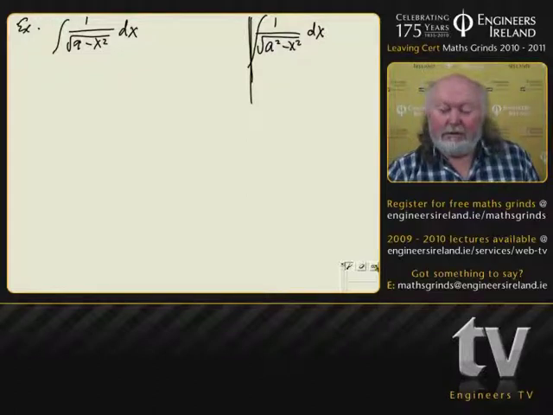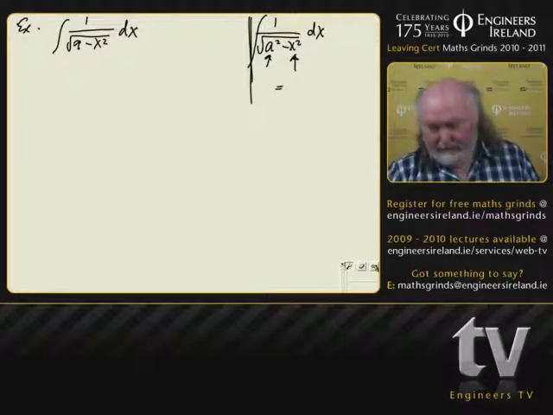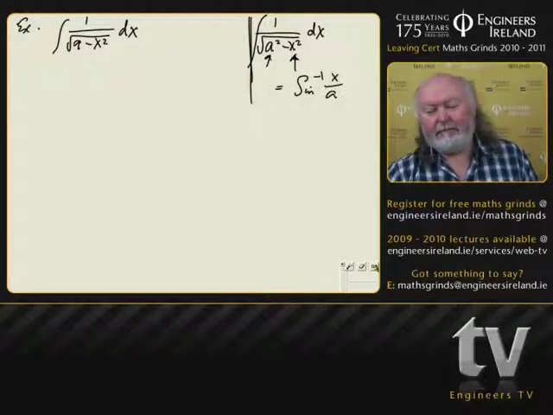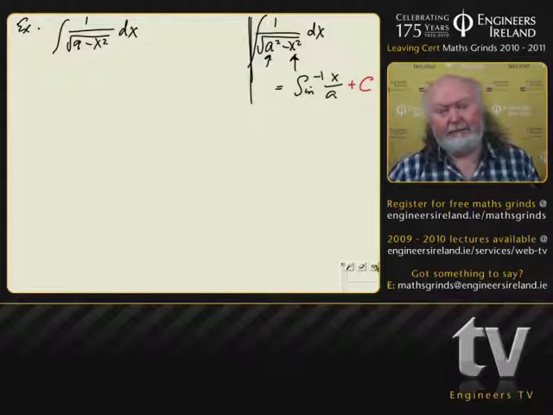It's the square root of some number minus some number squared minus a function squared. And the answer is sine, the angle whose sine is x over a, plus c, plus a constant.